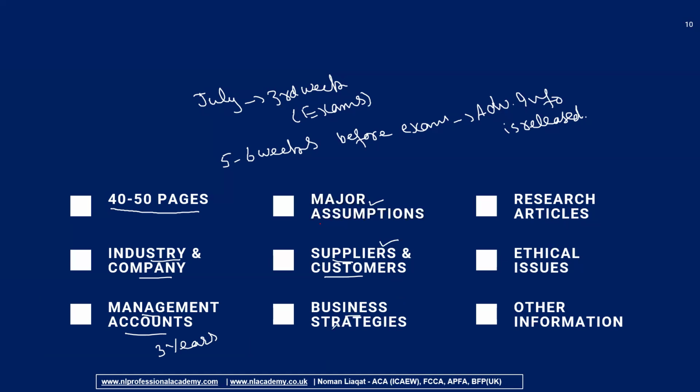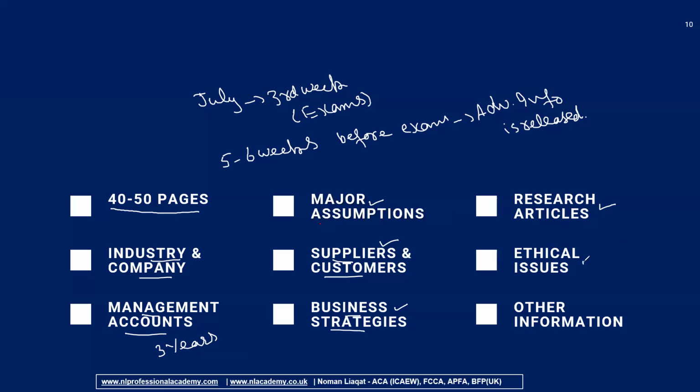Business strategies. What are the business strategies of the particular client, of the company that is debatable in the question? That is given to you in your question as well. Research articles. Yes, research articles would be given. Some articles, some latest news, some latest areas, what happened with the company, what happened in the industry.